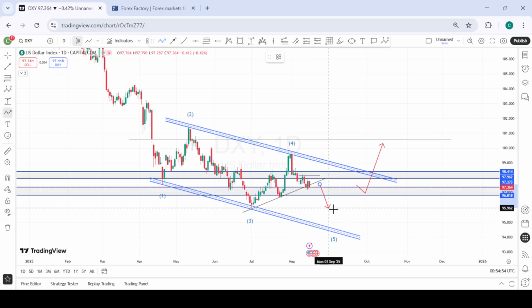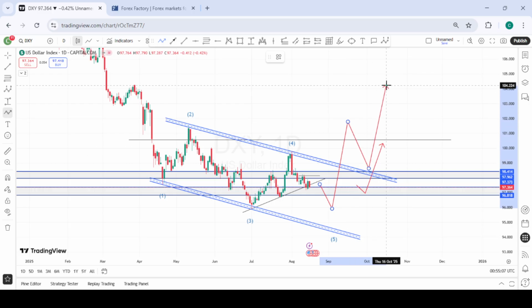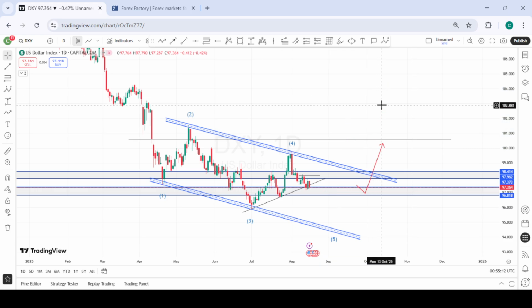So we can see price truncate. It will not get to this point, it just truncates around this zone and then gives us a bullish confirmation. We break this high, then we'll see a possible formation like a double bottom, get a retest, and then we continue to the upside. So these are the possible scenarios we are looking at.